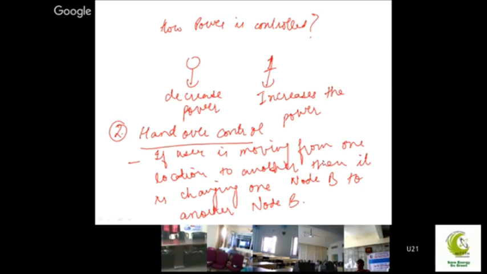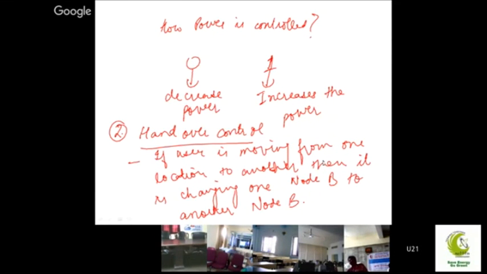Suppose I'm on a phone call and I am moving in my car. My phone call remains in continuous process such that there is no call drop, such that I remain in the call. My conversation doesn't get interrupted. In such cases, what is being done by the network?